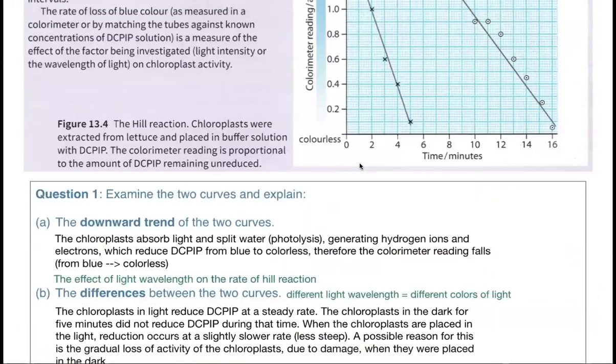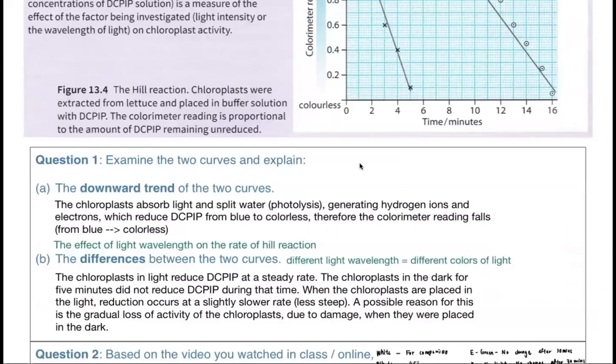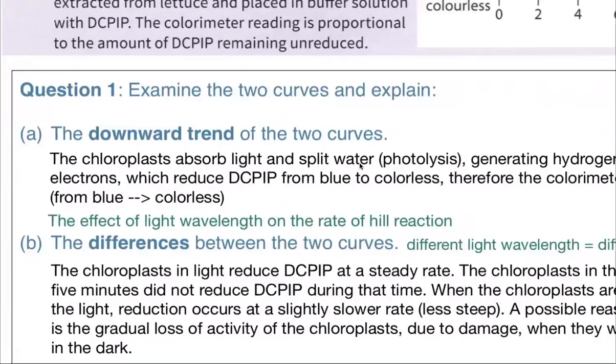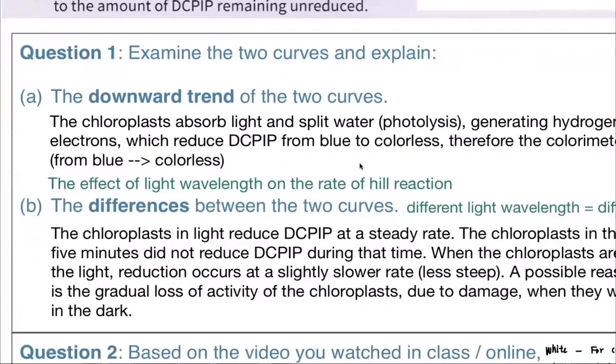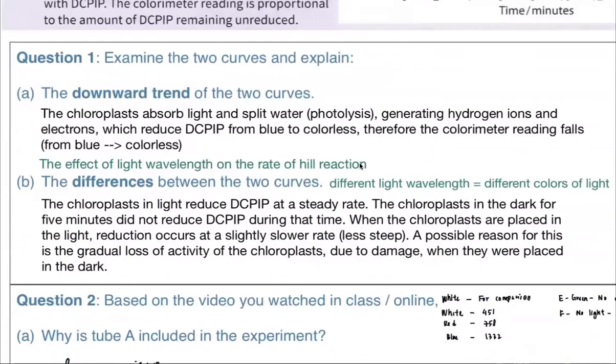So here, why is there a downward trend? Your chloroplast absorbs light and splits water, generating hydrogen ions and electrons.